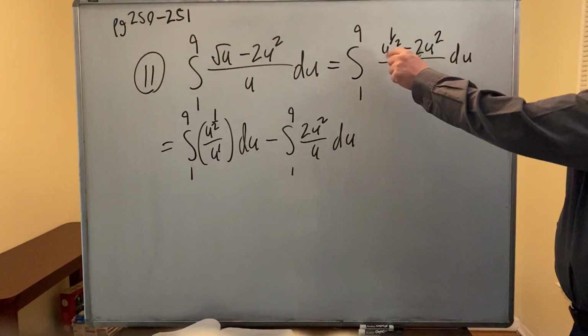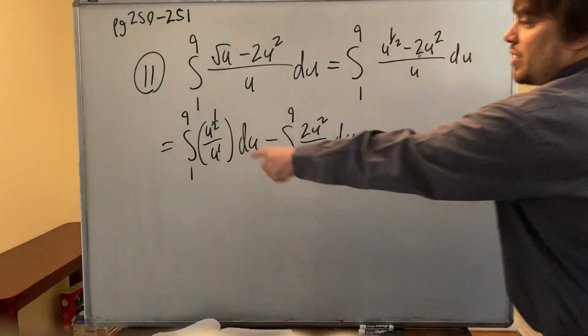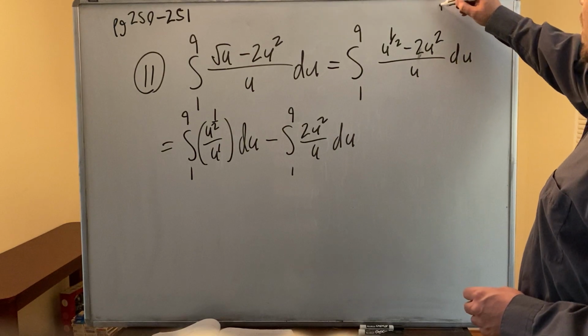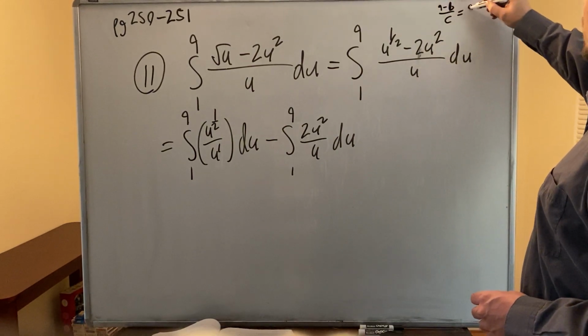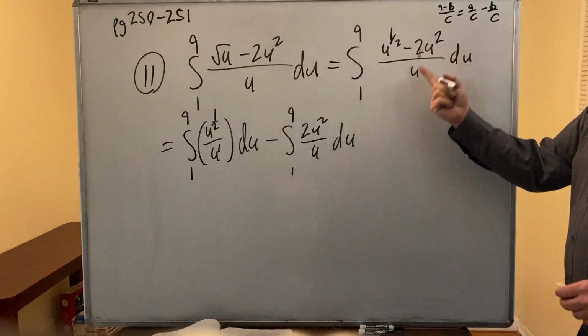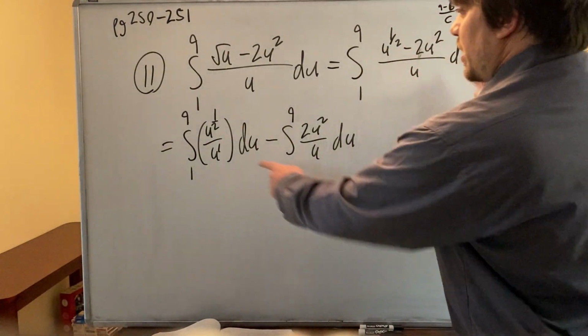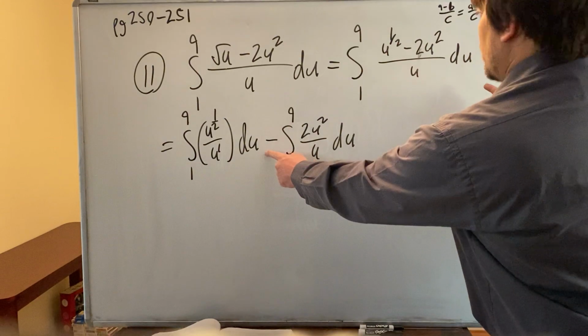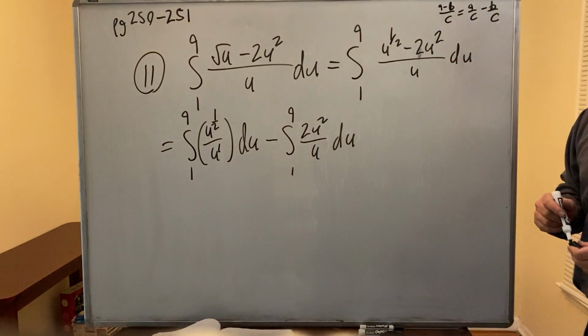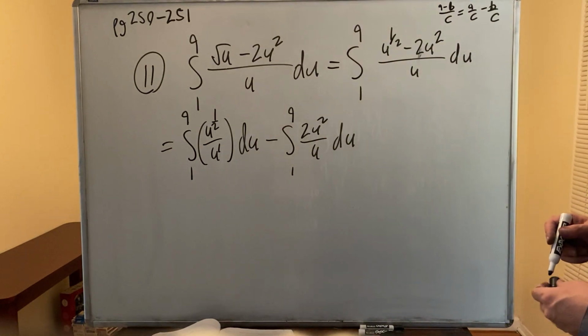So I just wrote this one fraction as a difference of two fractions, because if you have a minus b over c, that's a over c minus b over c, with the definite integral involved.